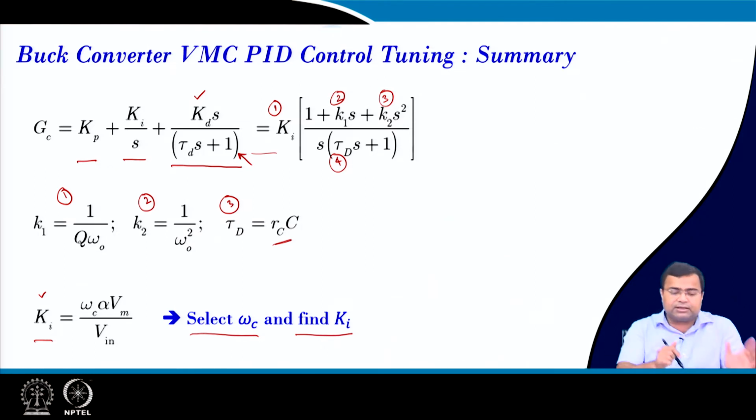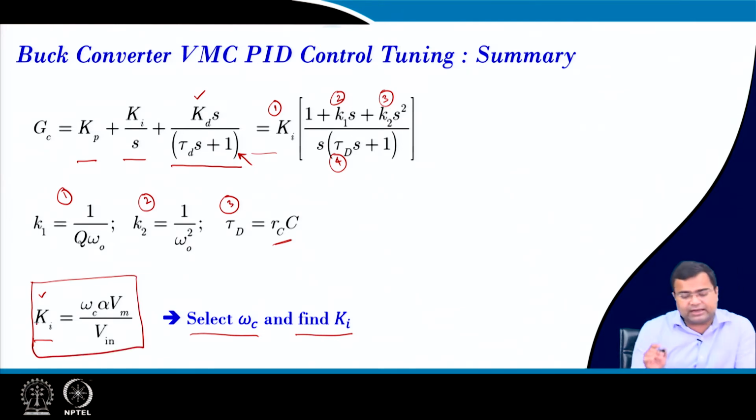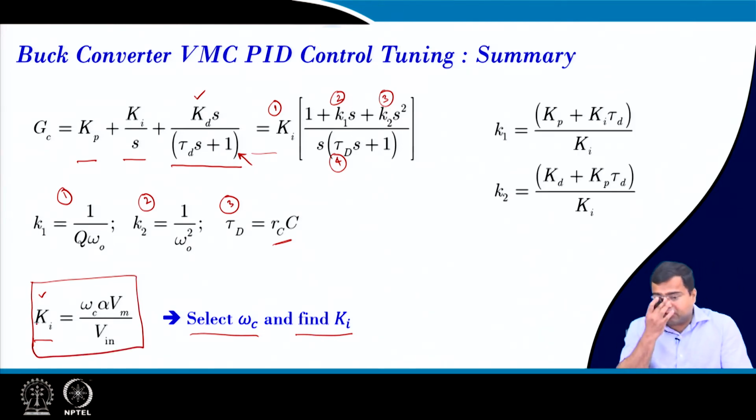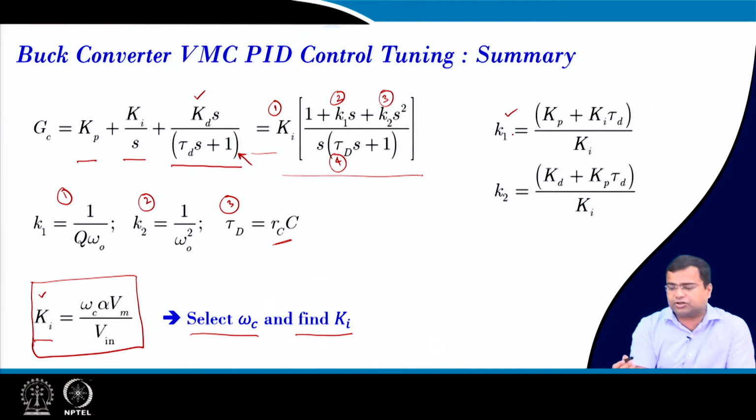We are just taking that Ki expression which we have already derived. Now, K1 and K2 in this expression, because we got the PID controller expression in terms of numerator and denominator polynomial, are a function of Kp, Ki, tau d and Kd. So, these things are written.